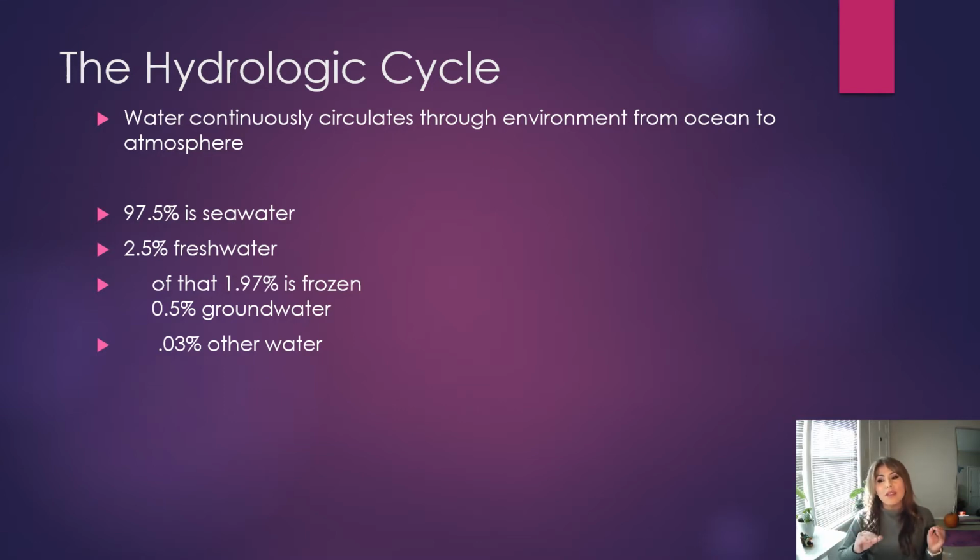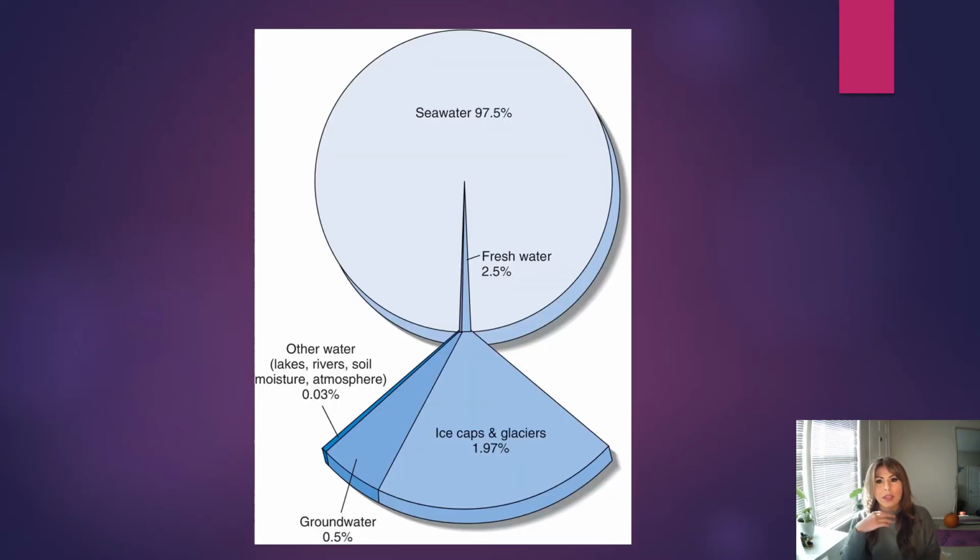So around these numbers. It just really depends on the source that you get it from. I have two different books that I teach from, and one will say 98% is ocean water, and one will say, like this one, is 97.5%. But what I do want you to see is how little is available. Not very much, right?